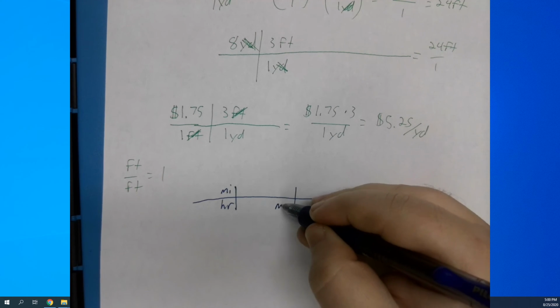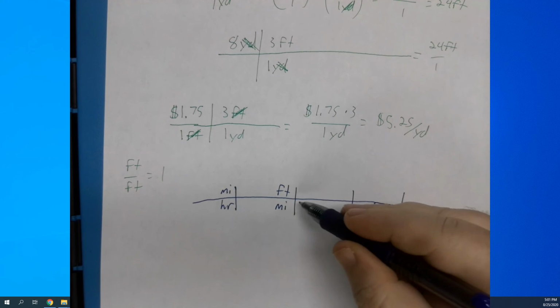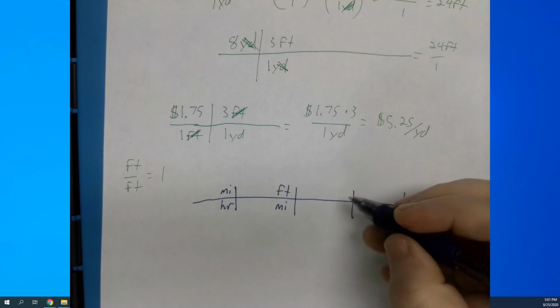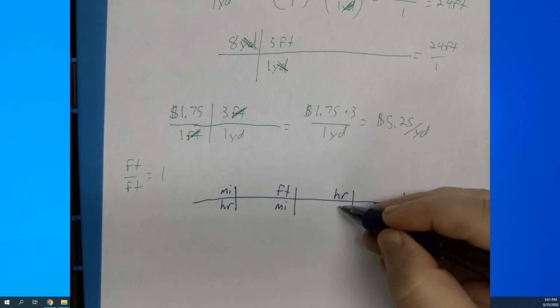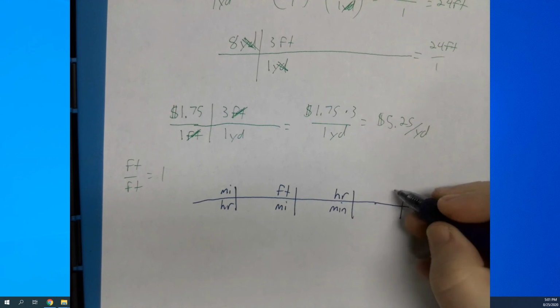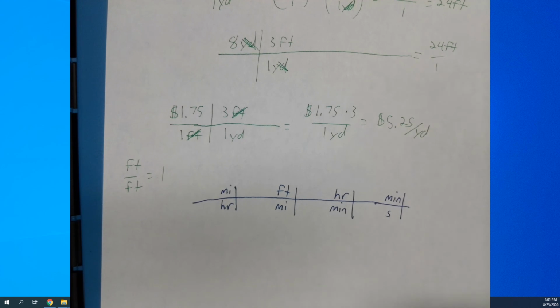So I'm going to have some miles on the bottom and some feet on top. And I need to convert hours into seconds. So I'm going to first convert it into minutes. So you can put hours on top, minutes on bottom. And I need to convert minutes into seconds. So I put minutes on top, seconds on bottom.